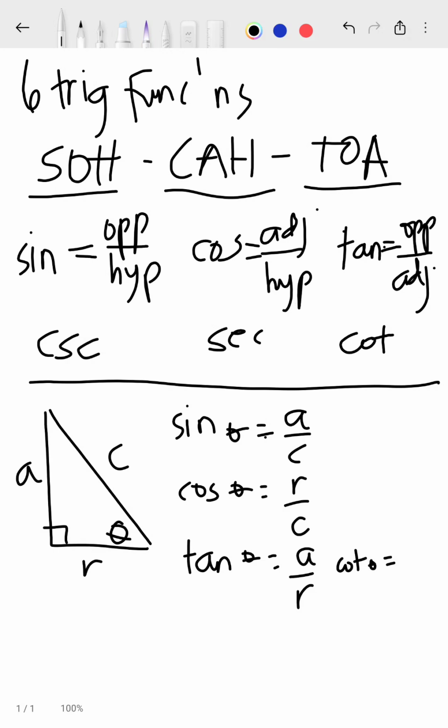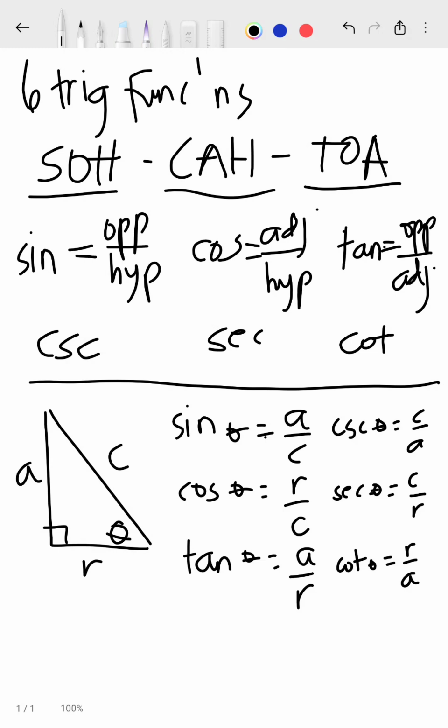Kung si tangent ay A over R, siya ay R over A. Sino naman ang kapalit ni cosine o kabaliktaran niya? Si secant naman. So, si secant theta, babaliktarin mo lang si cosine, magiging C over R. And last but not the least, cosecant theta is C over A. Dahil siya ang reciprocal ni sine theta.